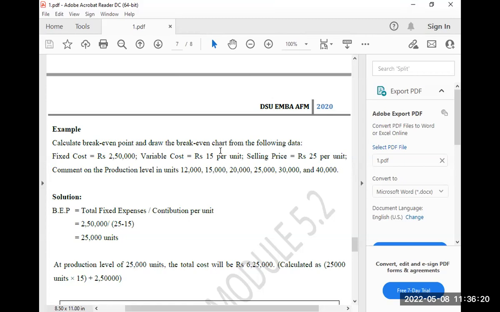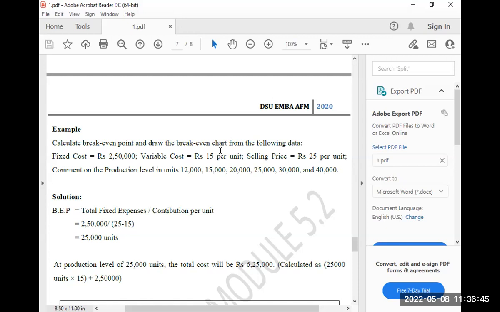So 10 by selling price. What is the selling price? 25. 10 by 25 is equal to 0.4, 40%.